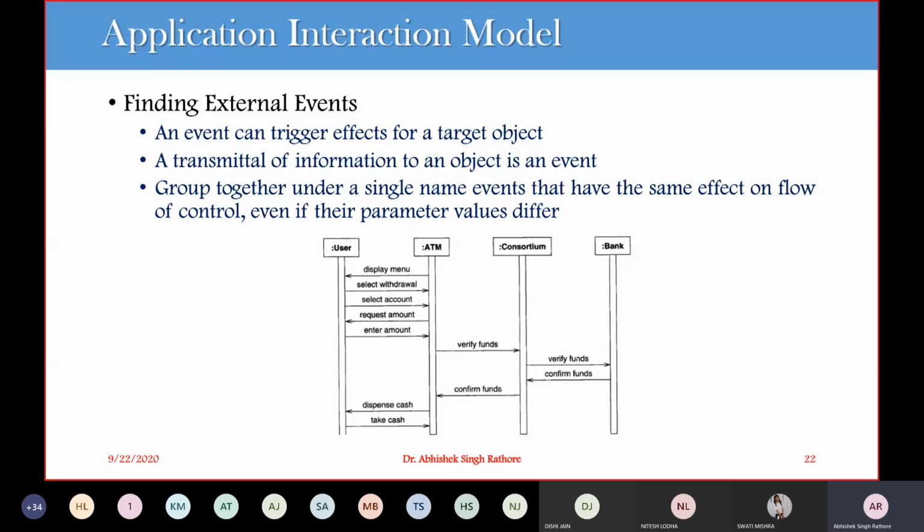What we are trying to do is group all these types of events under a single name, event, that have the same effect or flow of control, even if their parameter values differ, like enter password. My password will be different, someone else's password will be different. So we are having different types of parameter values, but we have to group them together as a single event. Let's consider this example.